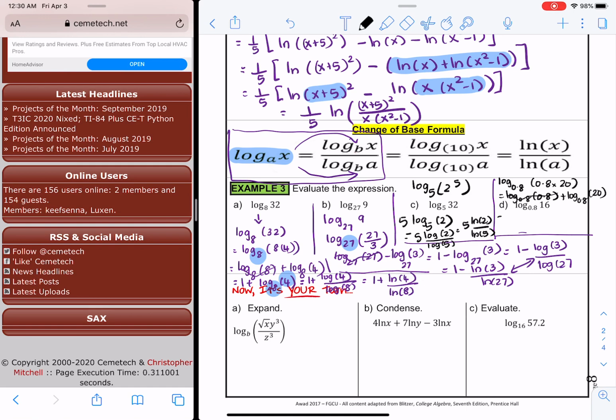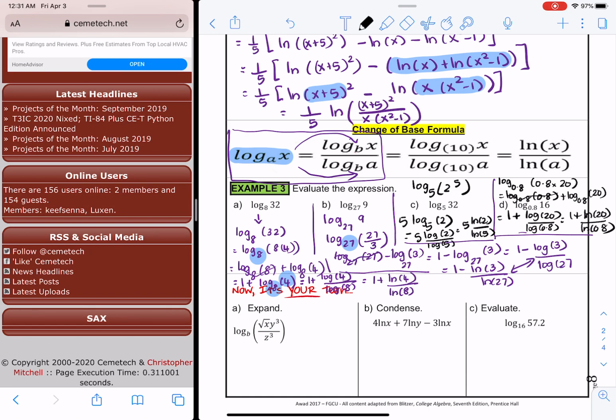Those two sort of go away, gives 1 plus log 20 over log 0.8, which is the same as 1 plus ln of 20 over ln of 0.8.